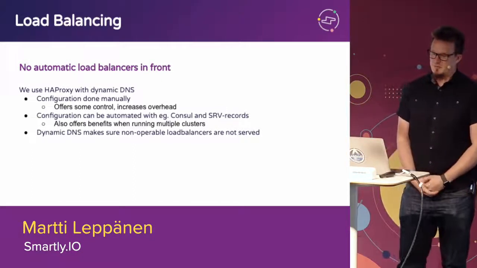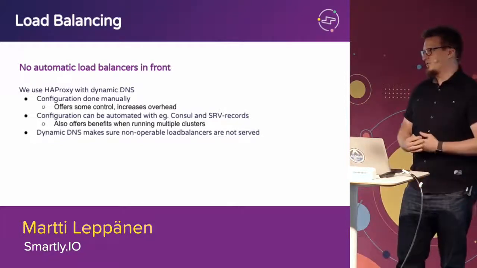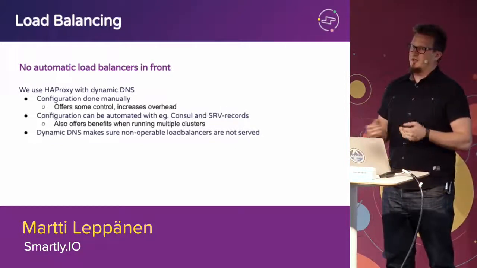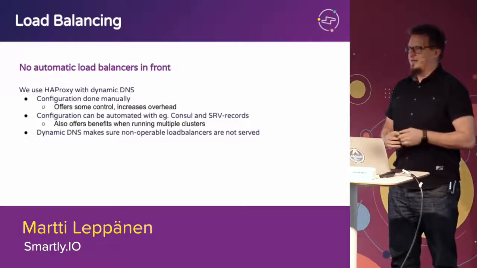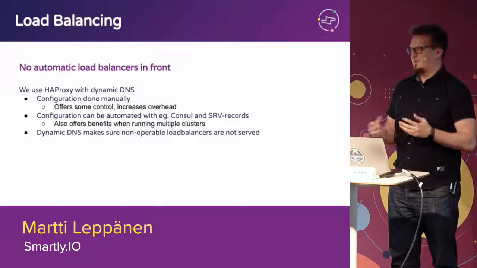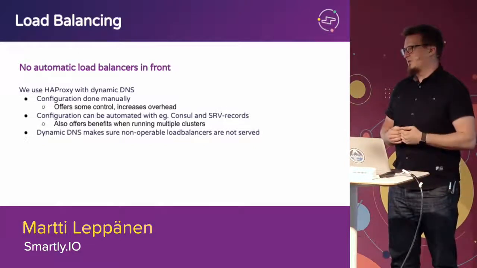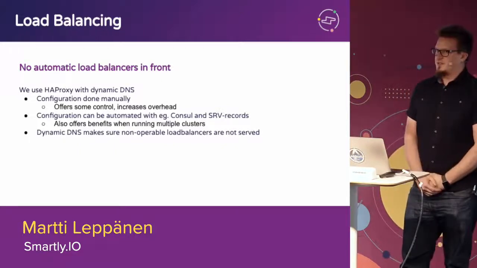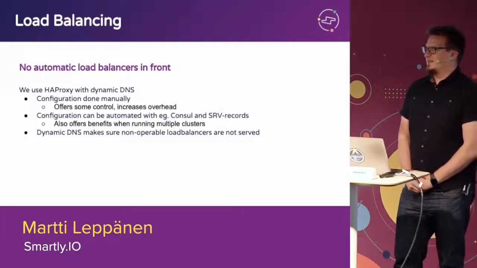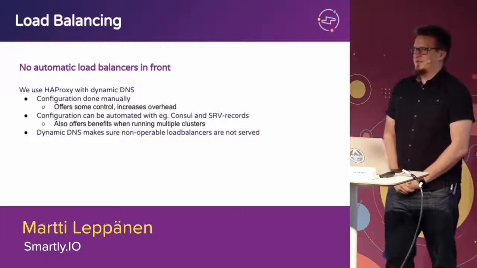Some of it can be automated. We're not quite there yet, but for example, with Consul and SRV records, you can automate this HAProxy configuration in a way that developers themselves can have more control on where the service actually exists and what URL it is listening to, and then you can have a more dynamic environment.